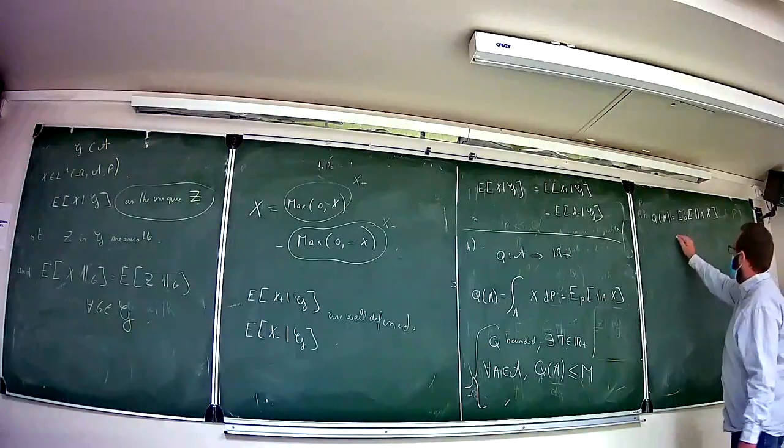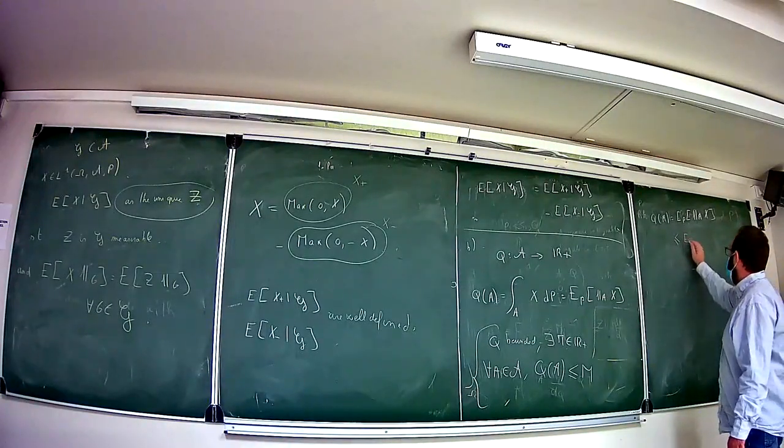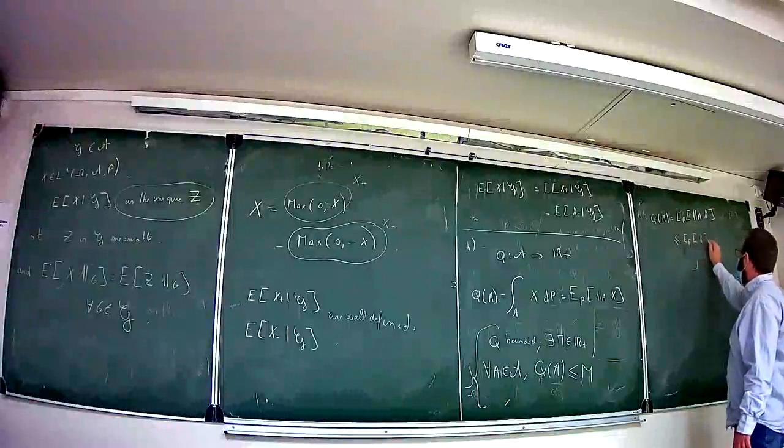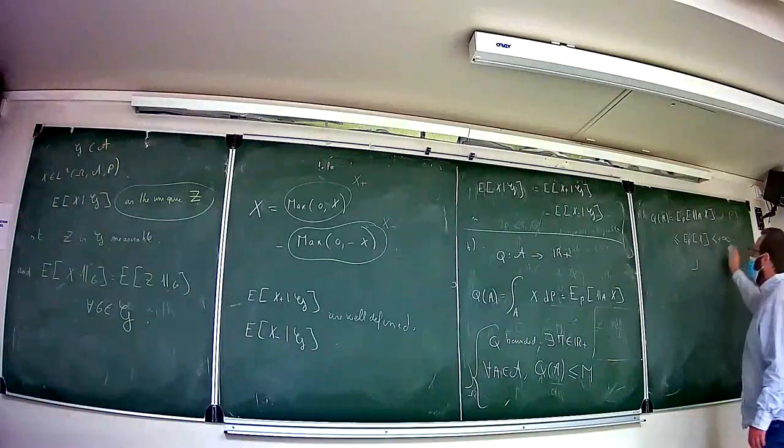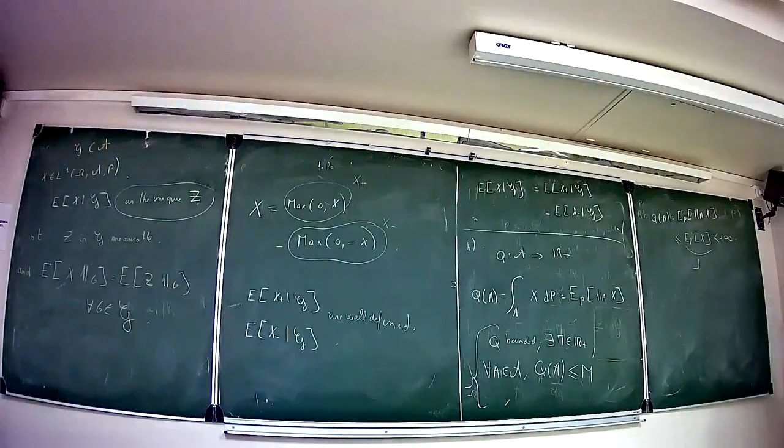So I can say that this is less than the expectation under P of X. So you have your bound here. Nothing more to say, because X is in L1. You consider the integral over A of a positive mapping, which is less than the integral over omega, that is the whole expectation. So Q is bounded here.